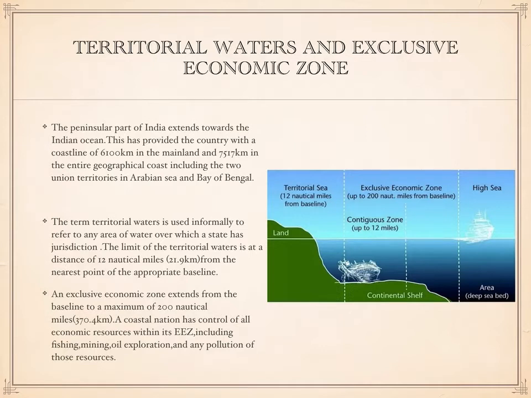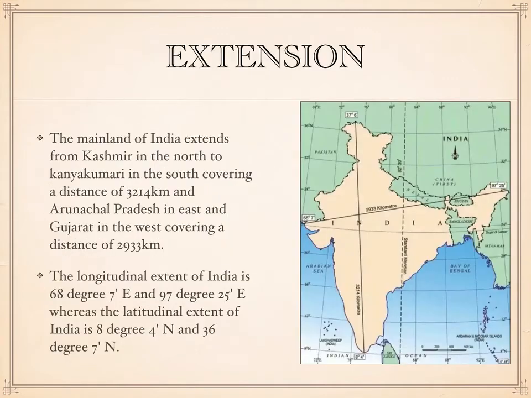An exclusive economic zone refers to that area where our country has control over fishing, mining, oil exploration, and any pollution of these resources. And it extends to 200 nautical miles, that is 370.4 km.